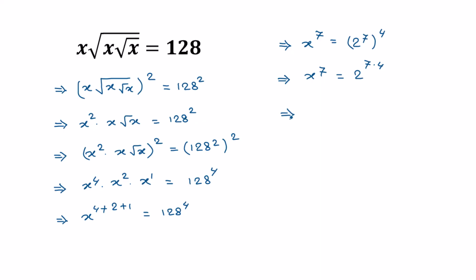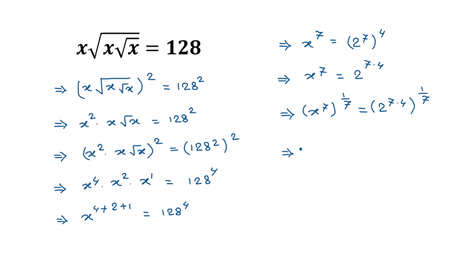We can write this left side x to the power 7 and whole to the power 1 over 7 is equal to the right side 2 to the power 7 times 4 and whole to the power of 1 over 7.